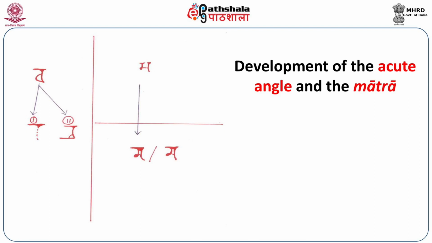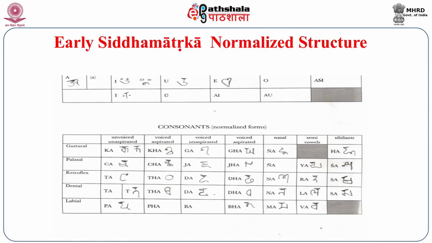Here we can see a single head mark or serif, which is actually now acting as a matra, being formed. The two head marks of the two separate elements of the vertical lines of the letters are now joined to form a matra, and the normalized structure of this Siddhamatrika will finally look like this.